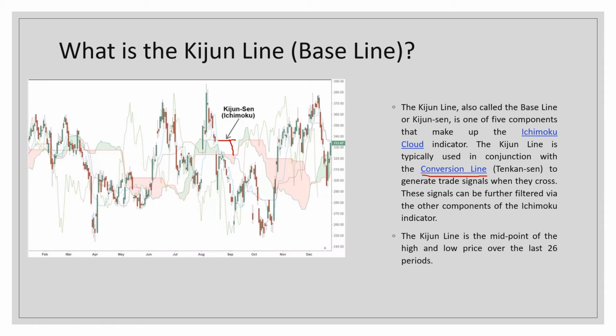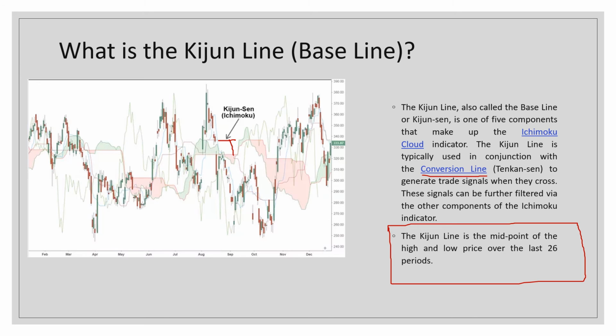As we discussed, the Tenkan-Sen is the average of the 9 periods, while the Kijun-Sen line is the midpoint of the high and low prices over the last 26 periods. So this collects much more data, and the crossover of these two decides whether the market is bullish or bearish.